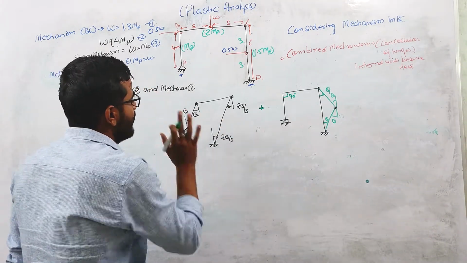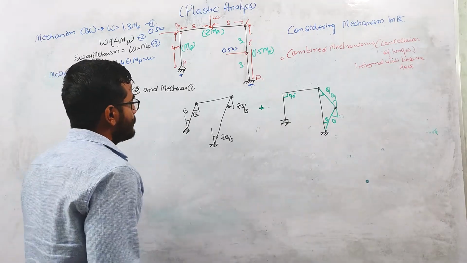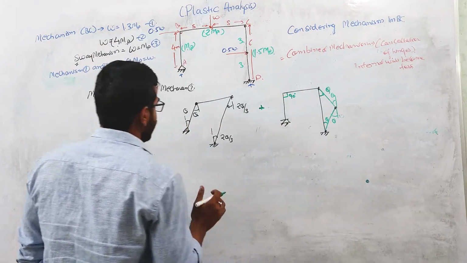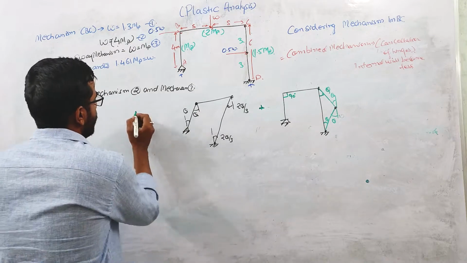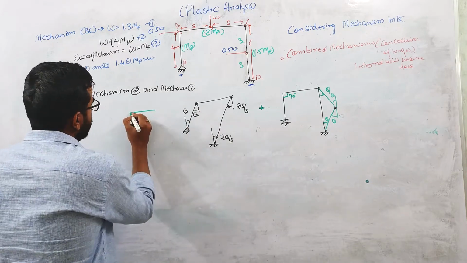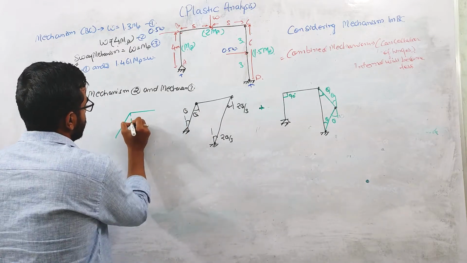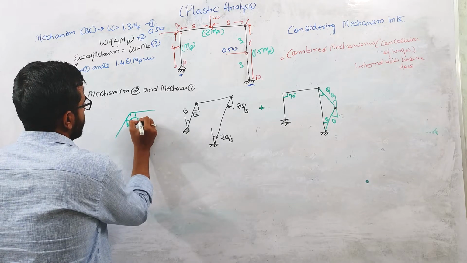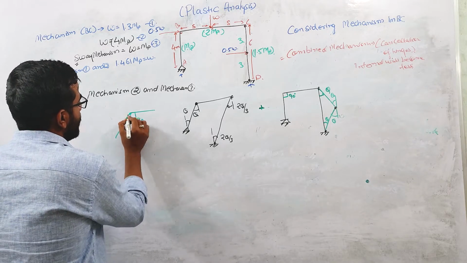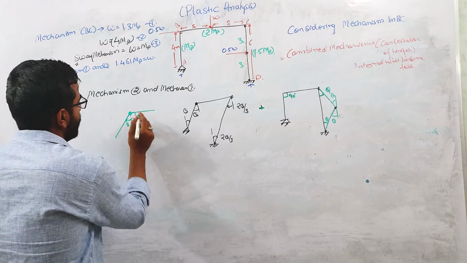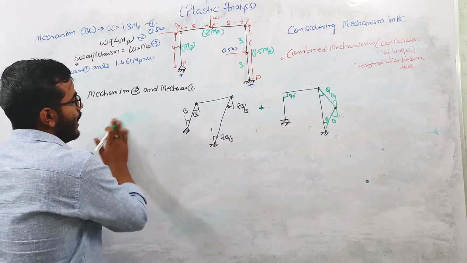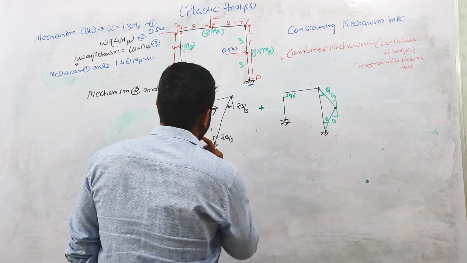So plastic hinge will definitely form here. Why? Because if you combine these two, this portion will look like this. The angle between these two members is greater than 90, so plastic hinge will form there. So at B, plastic hinge will be there.